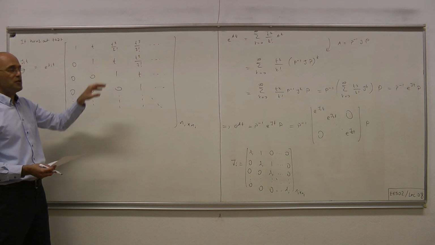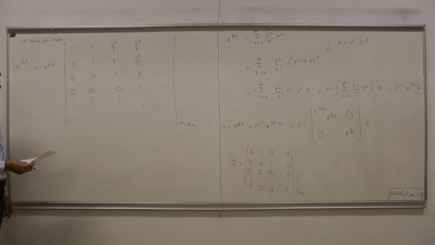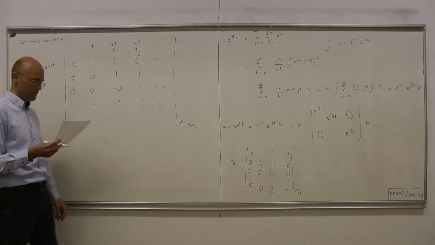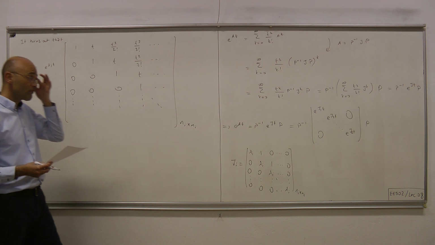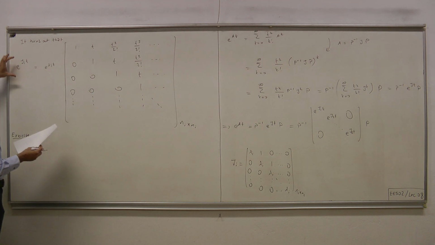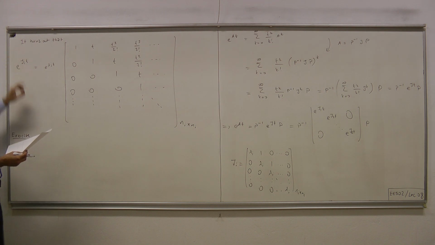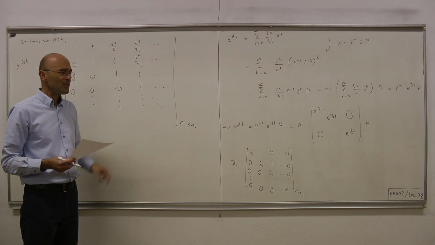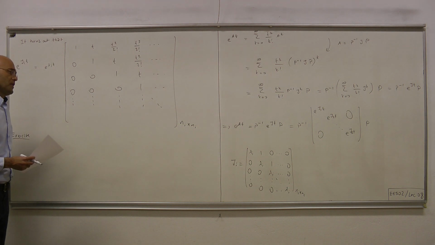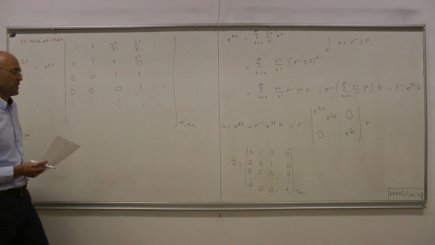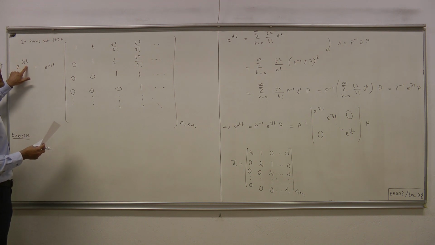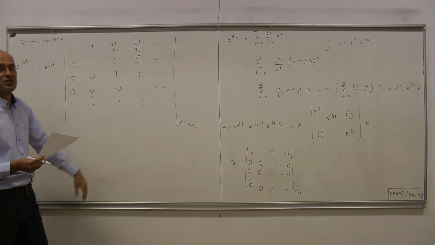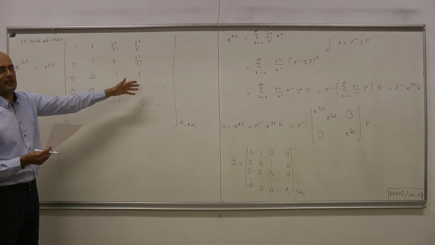Now, we didn't derive this, we directly wrote it down, but it's easy to check whether this is true or not. All we have to do is check that this matrix exponential satisfies two conditions. One is the initial condition constraint: at t equals 0, it must give us the identity matrix, which it clearly does.